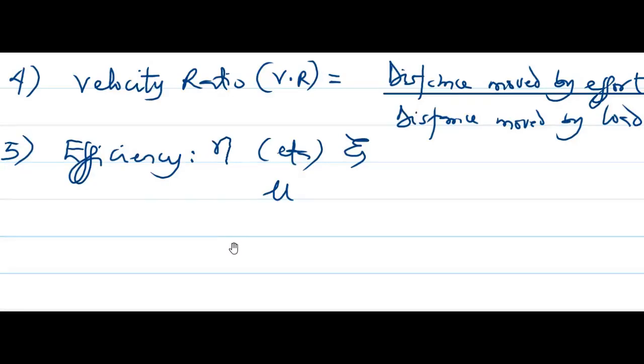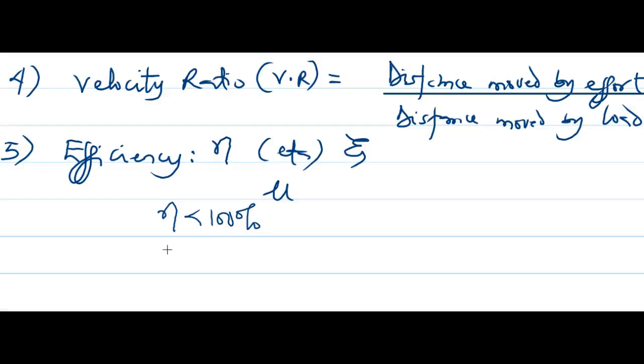So talking about the efficiency of a machine, a real machine is always less than 100%. That's very important. For a real world machine, the efficiency is less than 100%. Why? Due to energy loss.